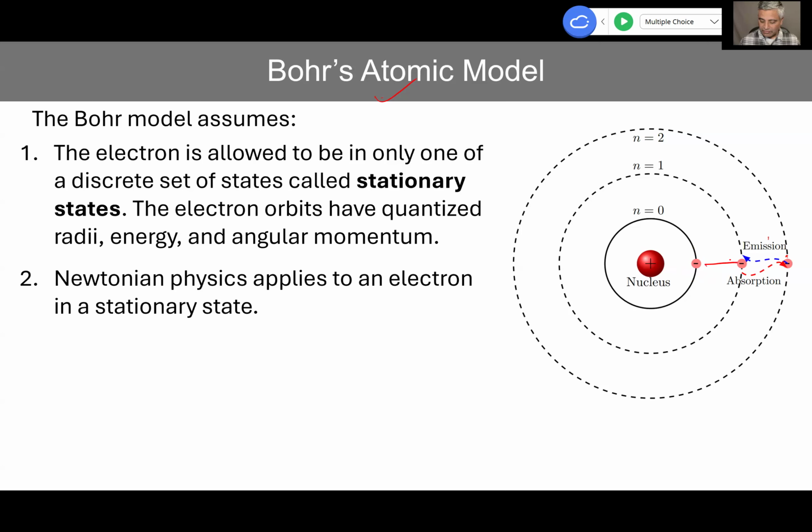When they come back, they emit what we call a photon. So they emit light, and those appear as a spectrum. That's why there are only certain wavelengths rather than all possible wavelengths predicted by the planetary model.